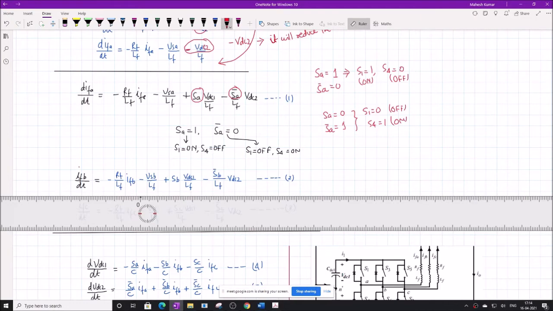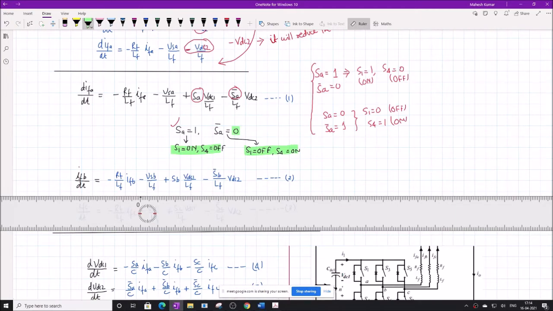So these SA and SA bar indicate the switch conditions in leg A of the inverter. As I mentioned here, SA equal to 1 implies this one, and SA equal to 0 implies this one.